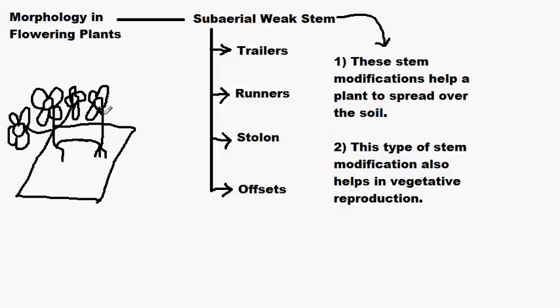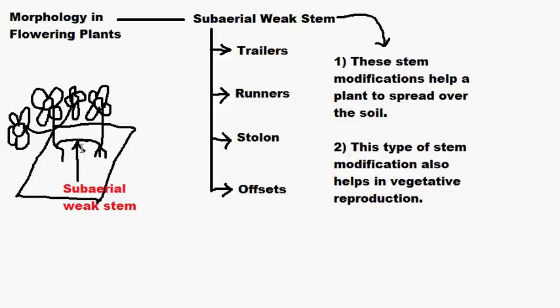So that is how the plants get benefited from the presence of this type of subaerial weak stem. So this structure over here is the subaerial weak stem. Okay, let me give it a different color, red.